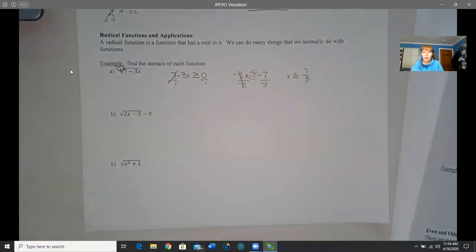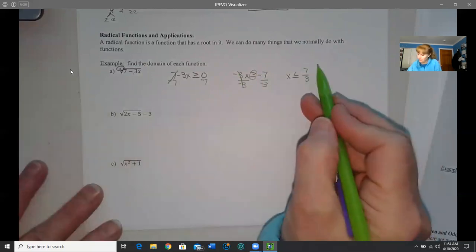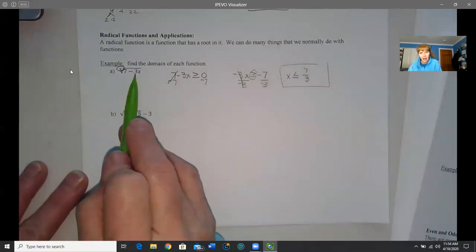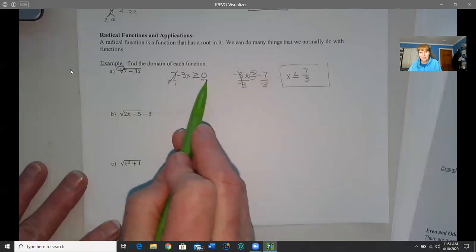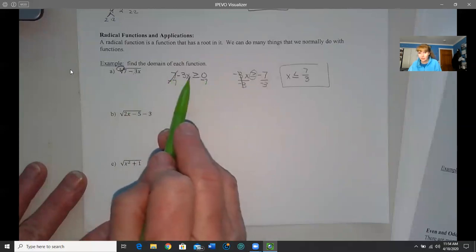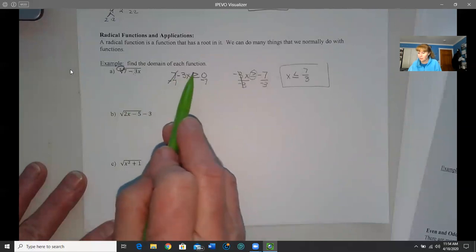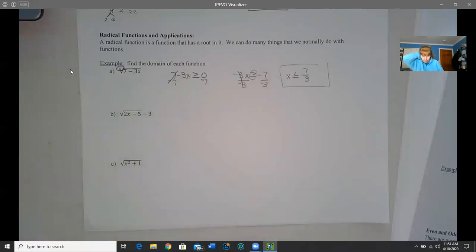There's your domain. Any x less than or equal to about 2 1/3. All right, or 7/3. Just leave it as 7/3. There's your domain, because what's inside has to be positive. And another way of saying positive is to say that a number, this represents a number, is greater than or equal to 0. Okay.